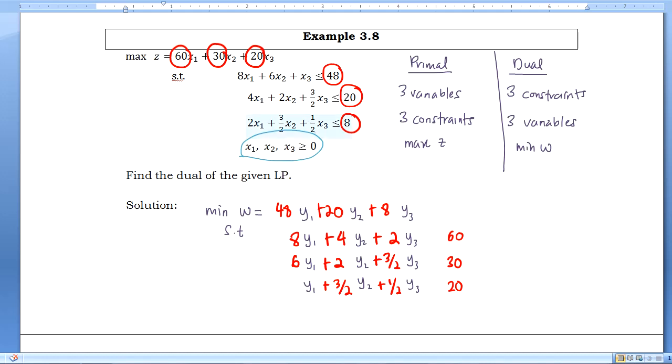So these variables satisfy the normal maximum. Therefore, the sign of the constraints in the dual also satisfies normal minimum. What is the sign for the normal minimum? The sign is greater than or equal to.